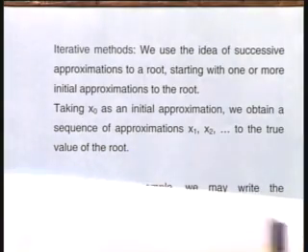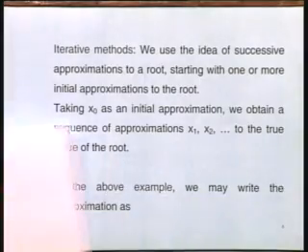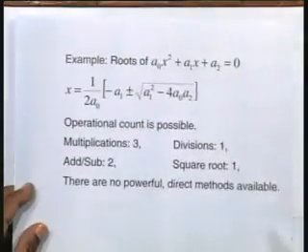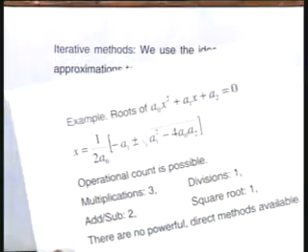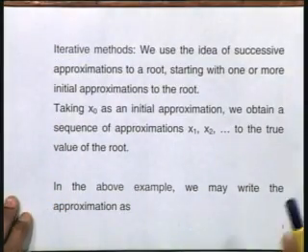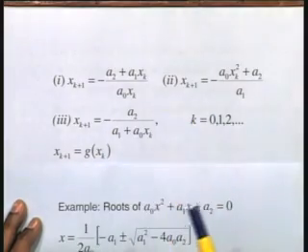Now let us go back and try to write down the example that we have written, a naught x square plus a1 x plus a2 is equal to 0. Let us try to write down an iterative method for obtaining the solution of this problem. There are three formulas I had given.